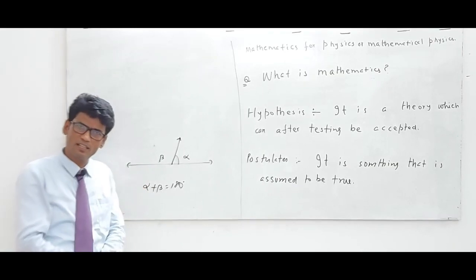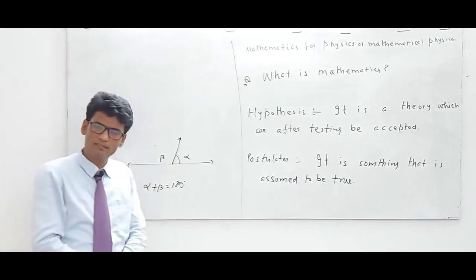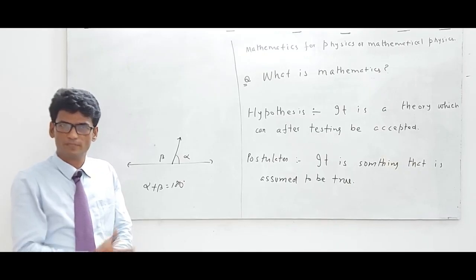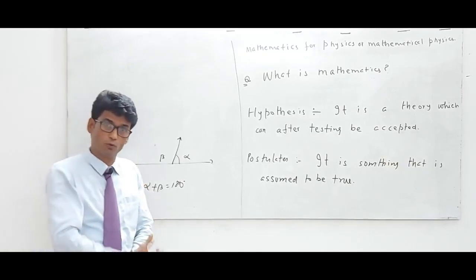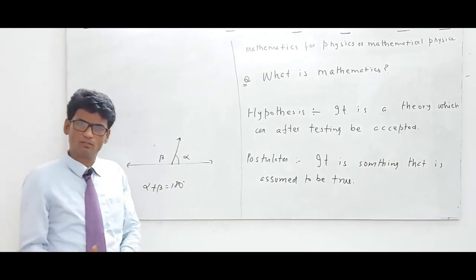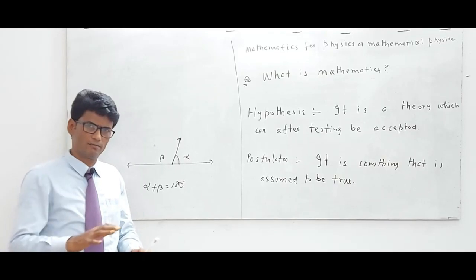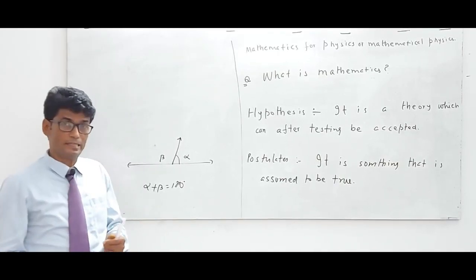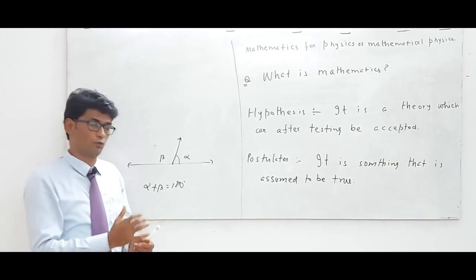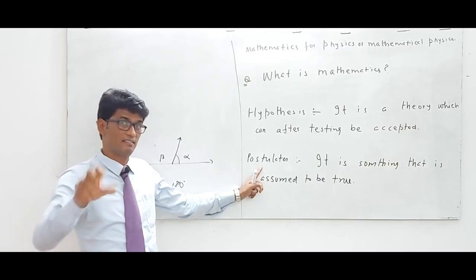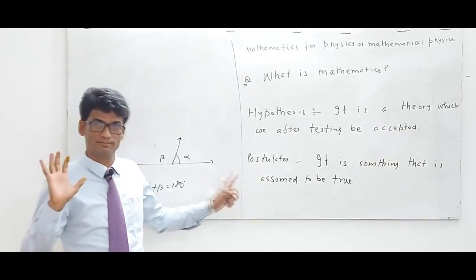Why not 360 degrees? Why not 90 degrees or any other degrees? This is in Euclidean geometry, and we start without proving whether it is 180 degrees or not. So we all know it is known as an axiom. So the postulate is as good as an axiom. Okay.